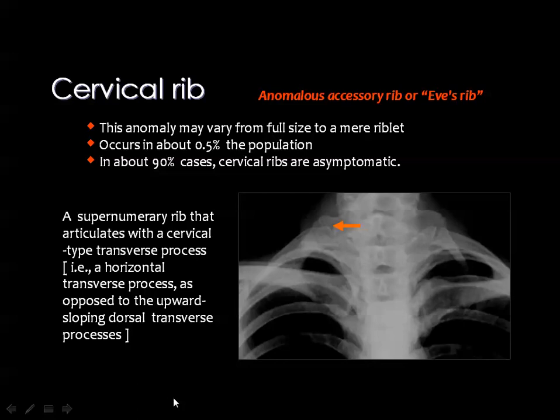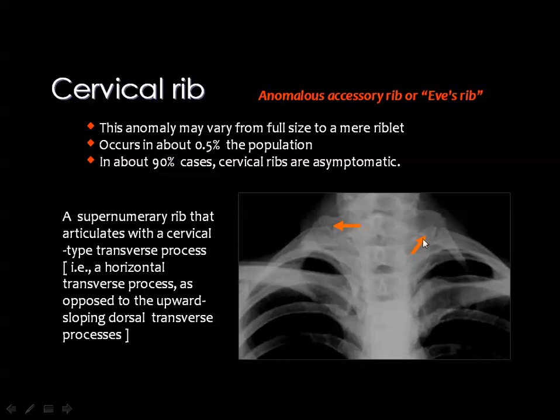Then, in order to be sure that this is a cervical rib, you look at the transverse process of the vertebra where the rib is attached. You know that the transverse process of the first dorsal vertebra and all the dorsal vertebrae is facing relatively upward, while the transverse process of the seventh cervical vertebra is almost horizontal or even facing relatively downward.